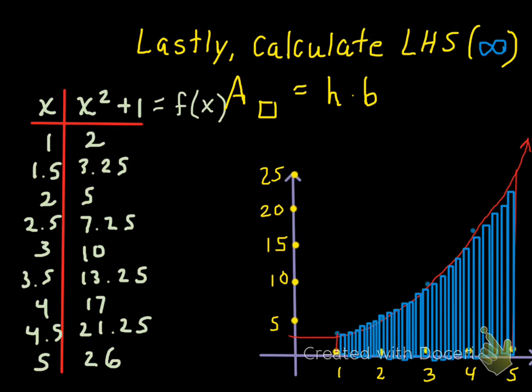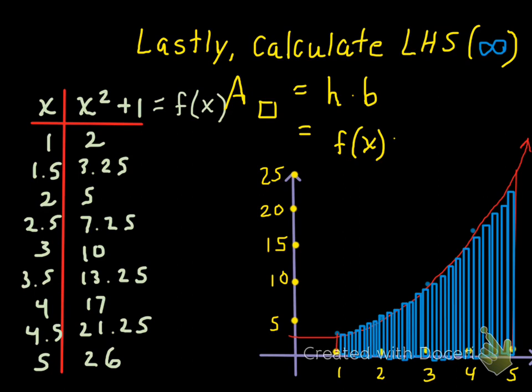So the output for each height is simply the value of f of x, like f at 1 or f at 1.7 or f at 1.8675309. I can figure out an exact output for all of those by putting those x values into the function. In doing so, I will get the height of every rectangle.